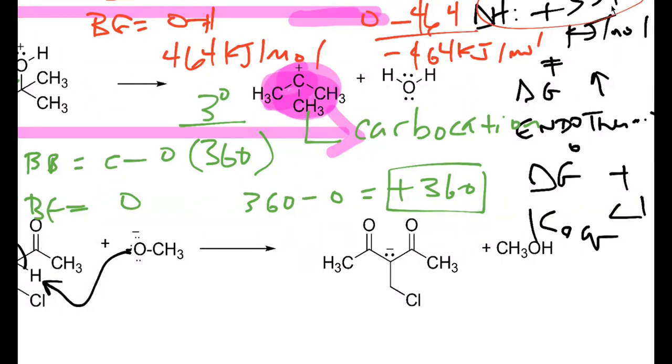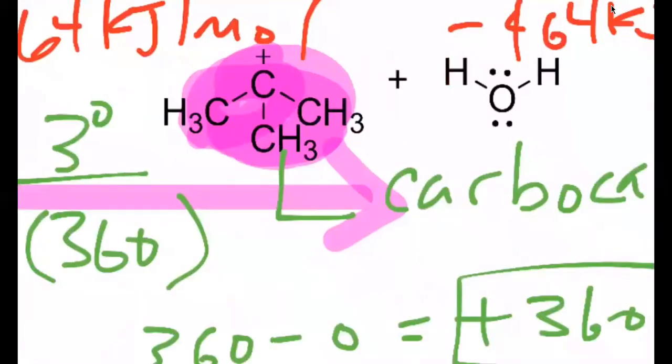All right. As a mental note, the tertiary carbocation is one of the most stable carbocations that you can make. It's very stable because all of those carbon-carbon single bonds are pumping electron density towards that plus charge, trying to stabilize it. Right?